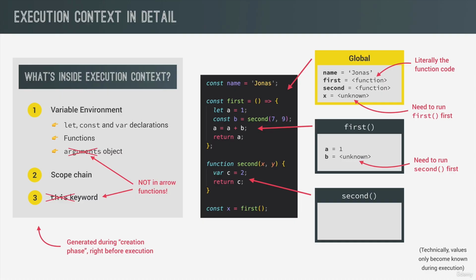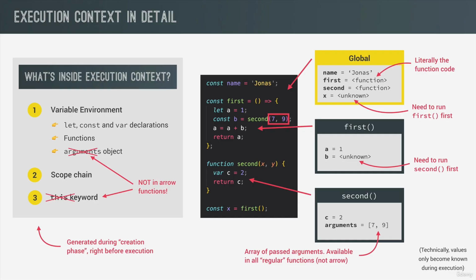Finally, the variable environment of the second function contains the c variable set to 2, and since this is a regular function, so not an arrow function, it also has the arguments object. And this object is an array which contains all the arguments that were passed into the function when it was called. In this case, as you can see, that's 7 and 9.